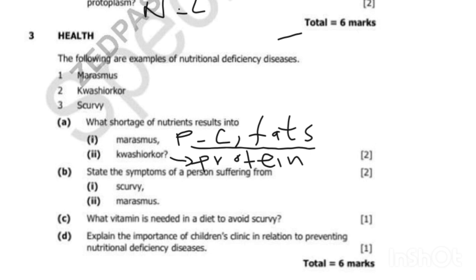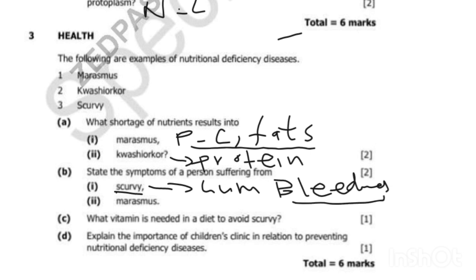State the symptoms of a person suffering from one: scurvy, or marasmus. The main symptom for scurvy is gum bleeding. This is the main symptom. And weakness.